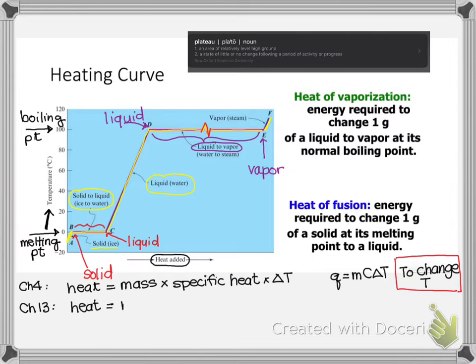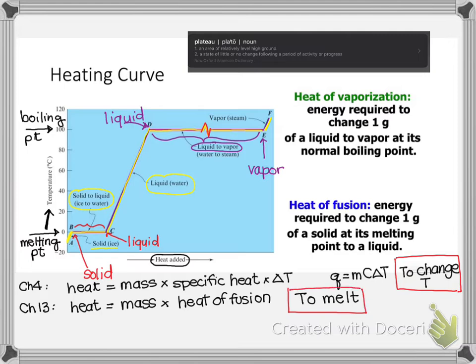And this, you take the mass of your sample and multiply it by a constant called the heat of fusion. So that amount of energy is required to melt the substance.